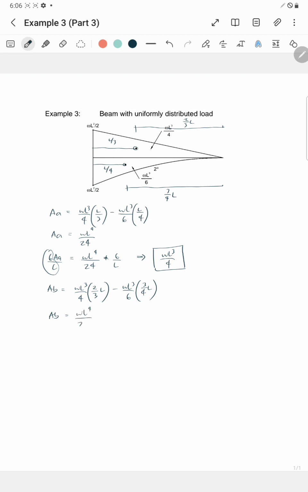WL raised to 4 over 24. Multiply the result by 6 over L. And we obtain WL cubed over 4.